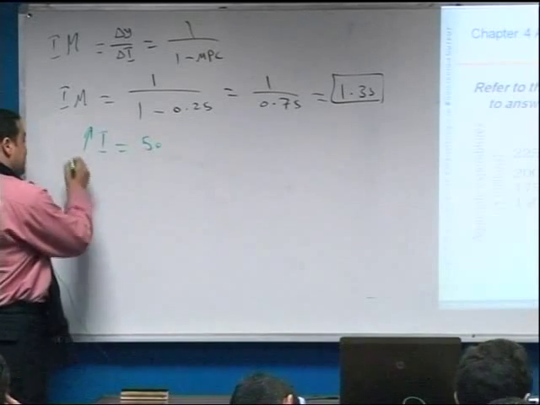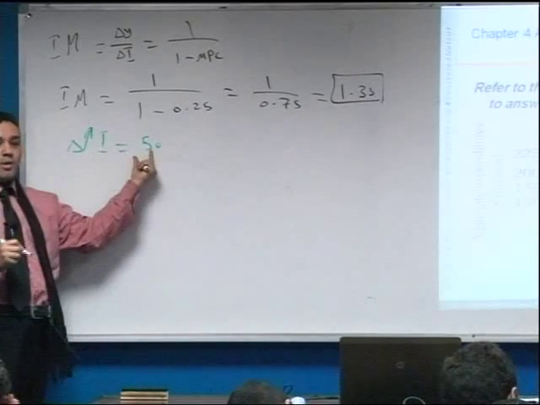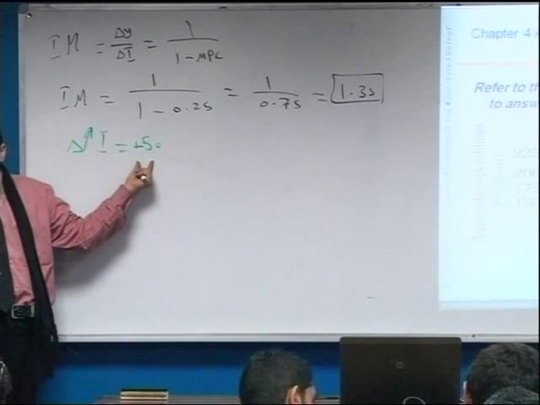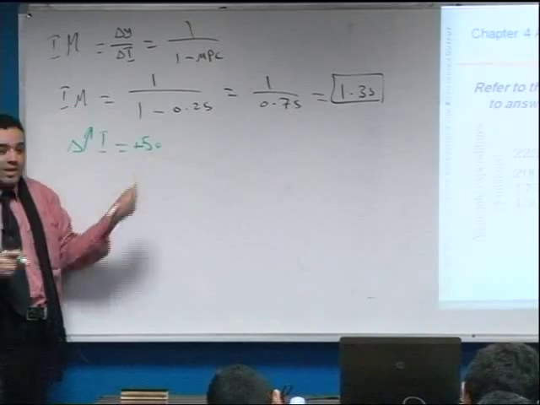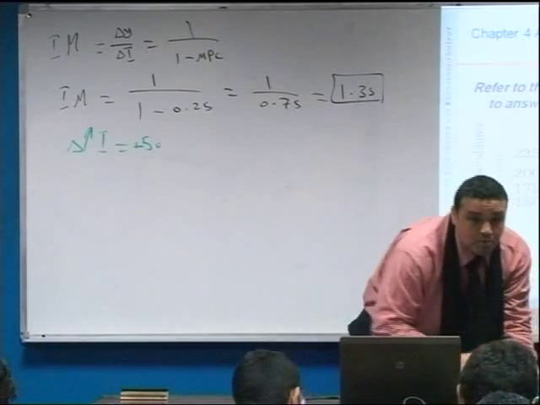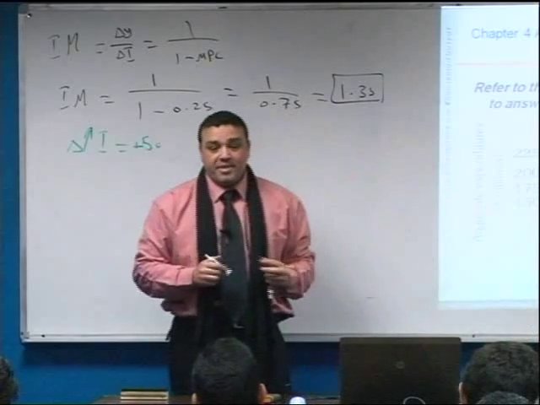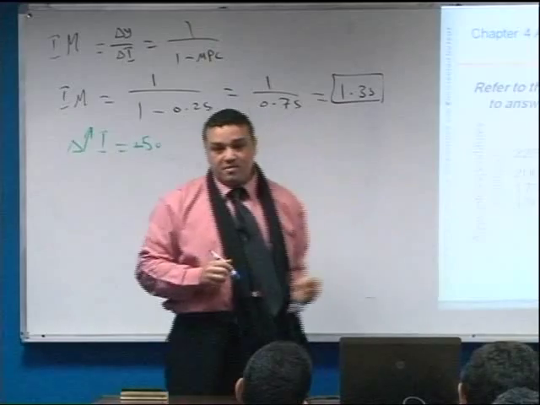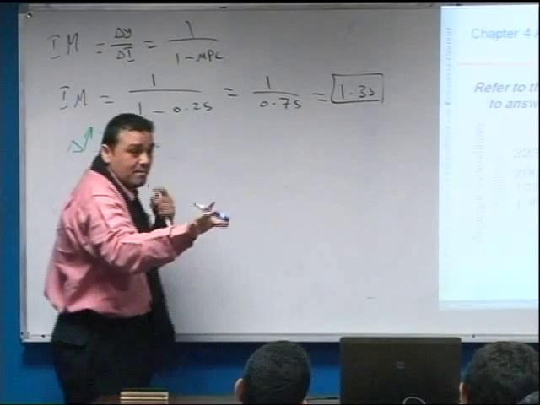This is delta I, so delta I equals positive $50 million, right? The question is, calculate the change in aggregate output and determine the new aggregate output, on the formula or on the figure.